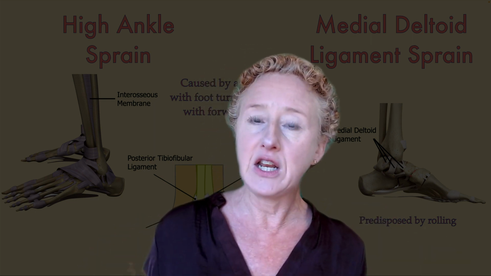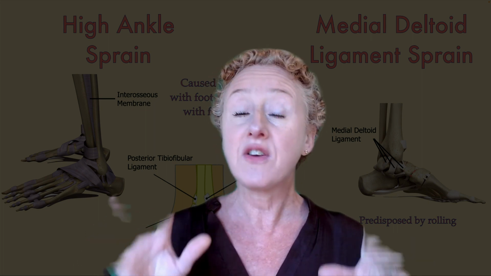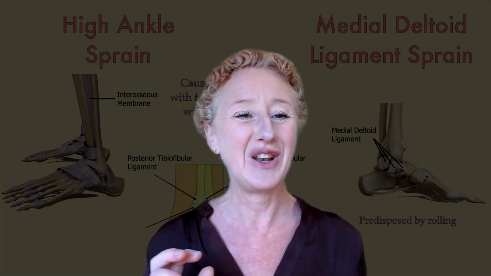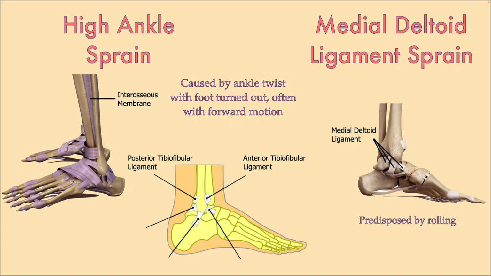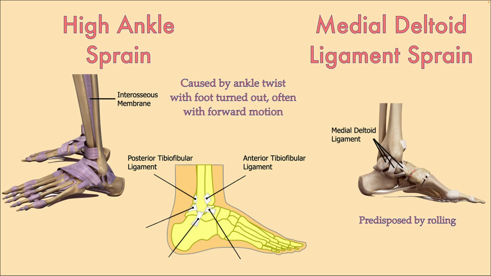We're just going to briefly look here at a couple of other types of ankle sprain. These are much less common, but they do happen. So let's have a look at first a high ankle sprain. We looked before at those lower three ligaments. With the high ankle sprain, we're actually looking at these two ligaments that are a bit higher. Now again, long names, but perhaps you can figure them out.